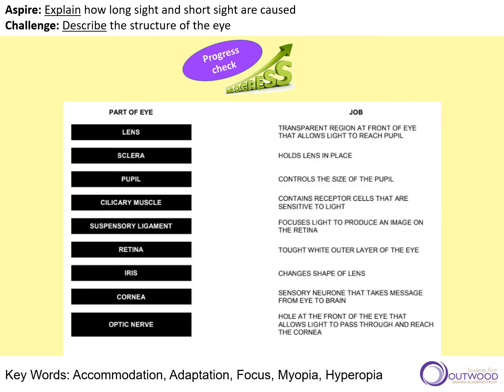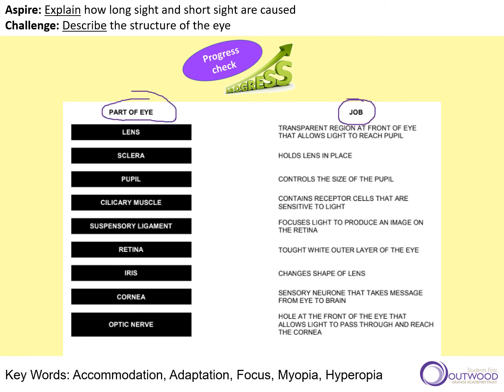Now, the definitions are really easy in terms of which are the definitions. But what I want us to do is a quick progress check, to make sure you've got them right. We've got parts of the eye on the left-hand side of the screen, and then we've got the job on the right-hand side.